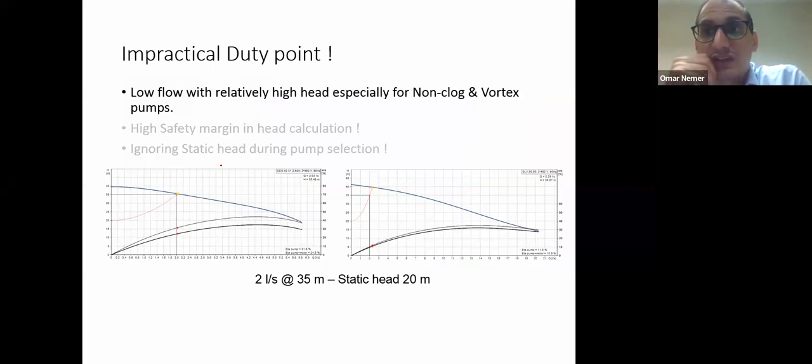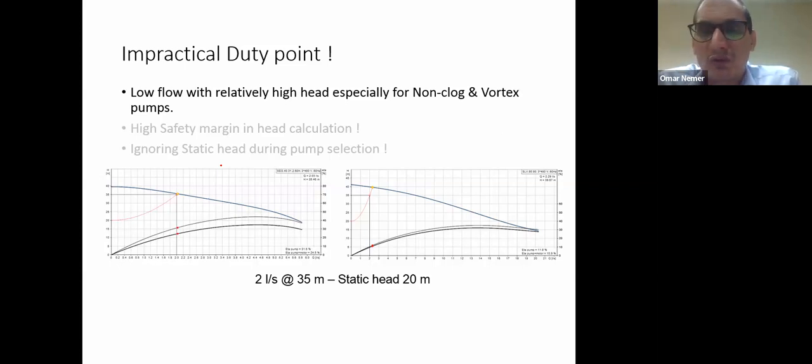So this is why, gentlemen, we cannot, for example, put in our designs, or sometimes we read in specs, that they need a submersible pump for wastewater but the efficiency must not be less than 70%. This is not realistic; these are not realistic specs.